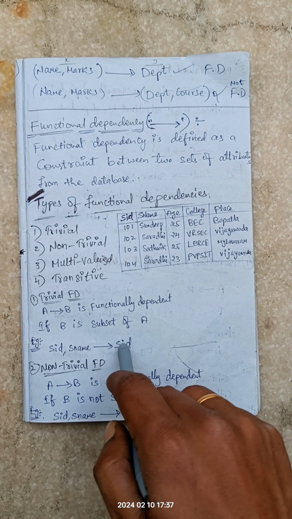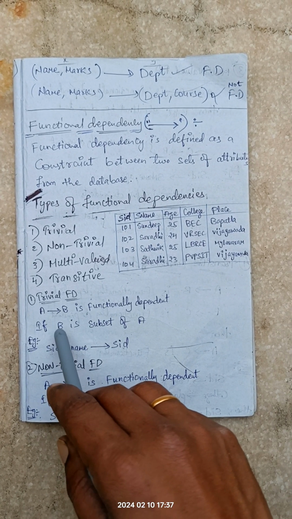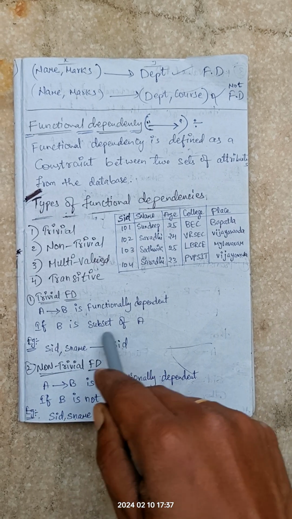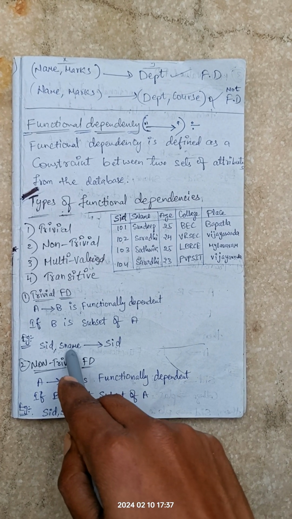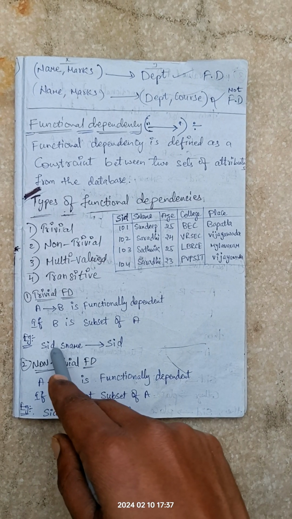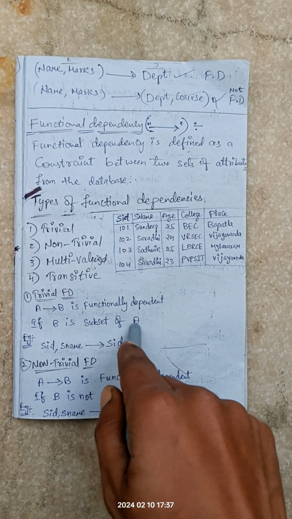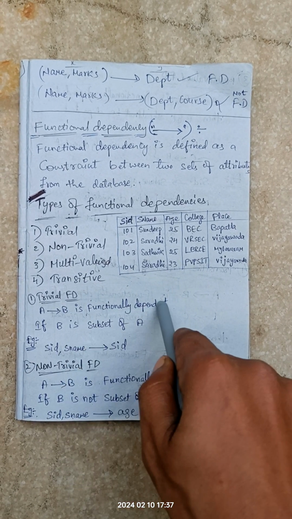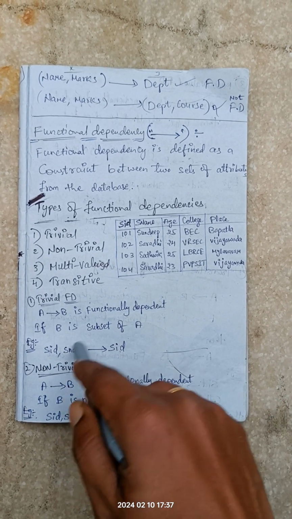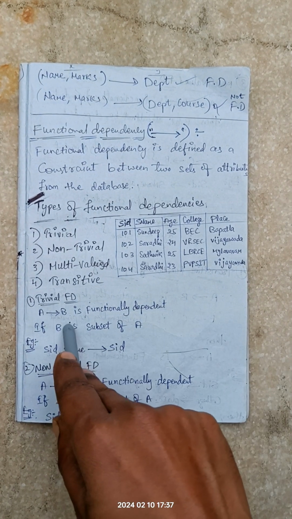Then B becomes the subset of A. If B is a subset of A, then we can say it is functionally dependent.